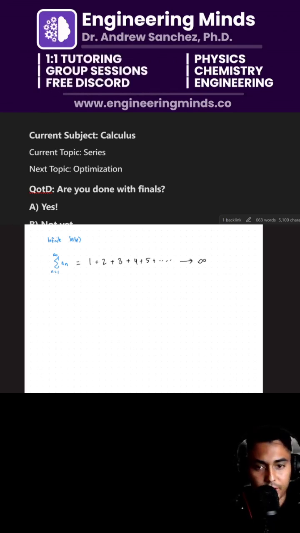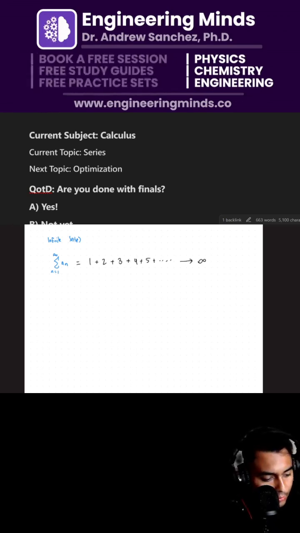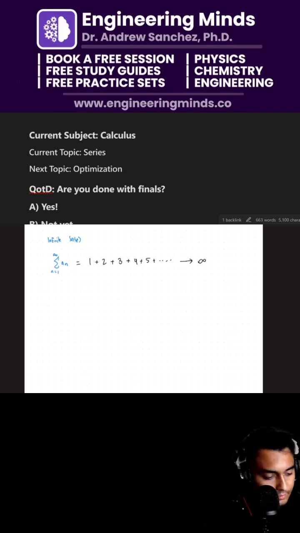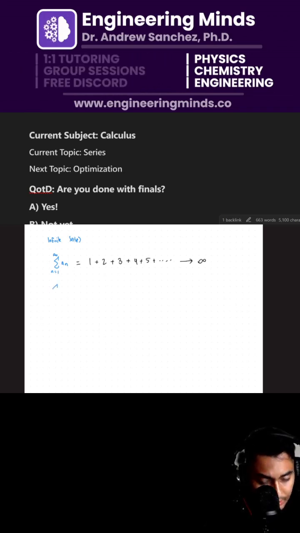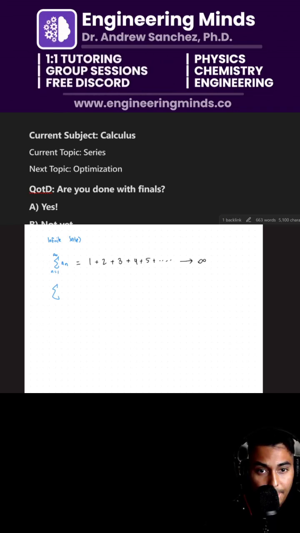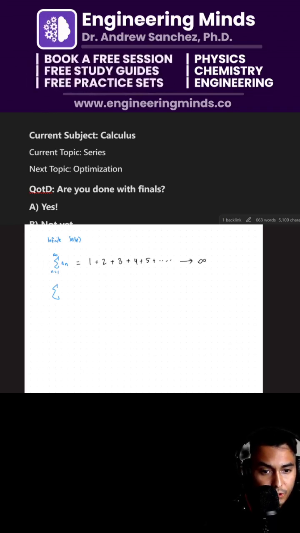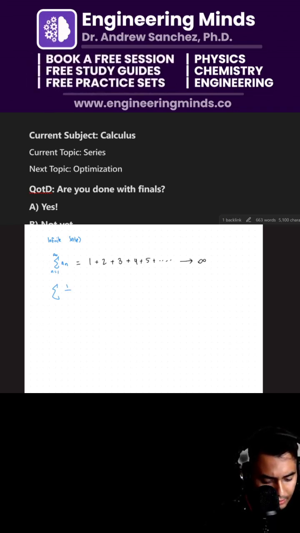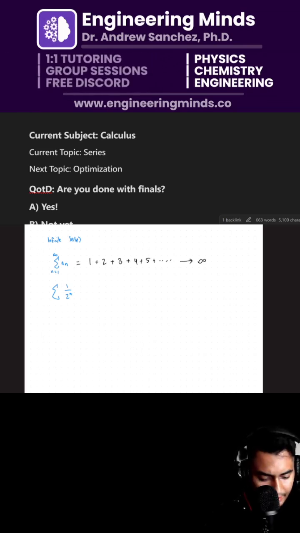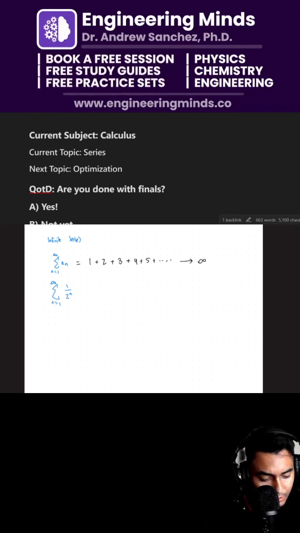Okay, what about another one here? This is going to be basically 1 over 2 to the n. You may not know what this one is, so the whole point of calculus 2 is to figure out what this value is. Okay?